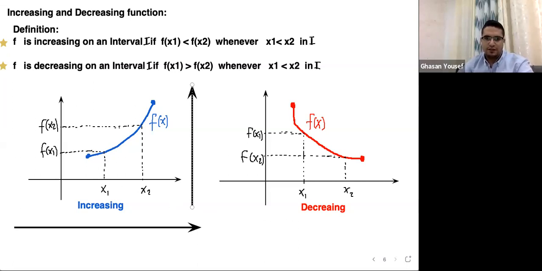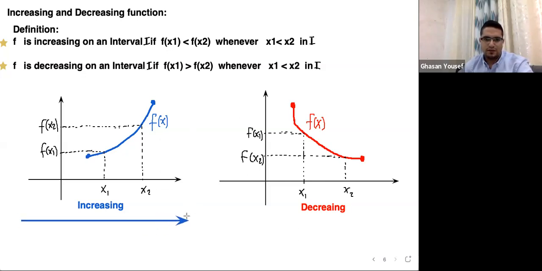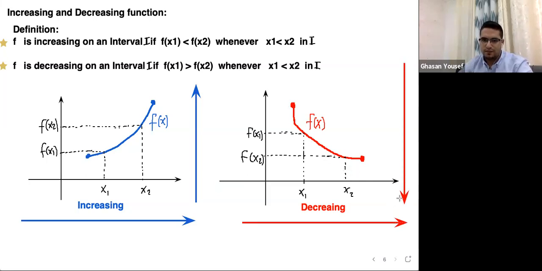But for the second function, if you start from the left, always from the left to the right, you will see the function is going down. This means decreasing. So the function here is decreasing, and the function here is increasing. Make sense?